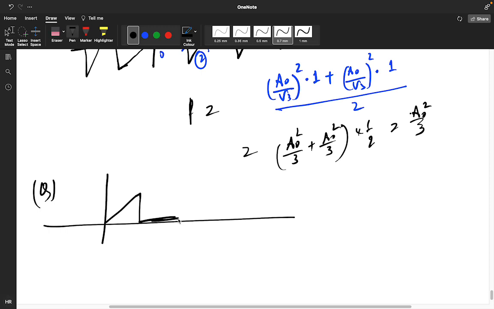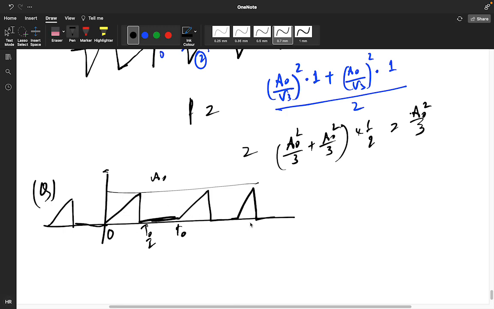It goes from 0 to T0 by 2, then to T0, and it repeats; the same thing happens here. This value is A0. You need to find the RMS value, the whole square.